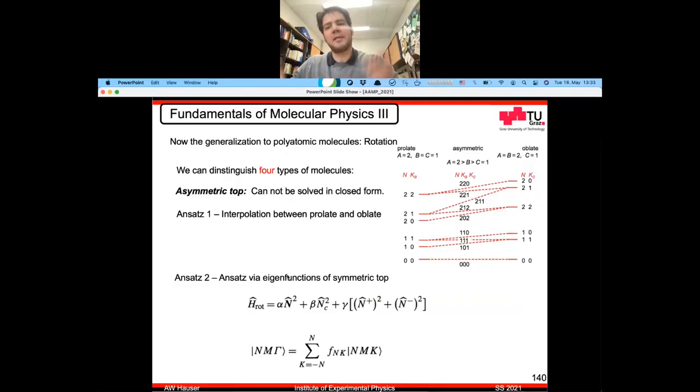So that would be the mathematical way of treating that. So you choose a basis, then your rotational Hamiltonian becomes a matrix in this basis, and then you diagonalize this.